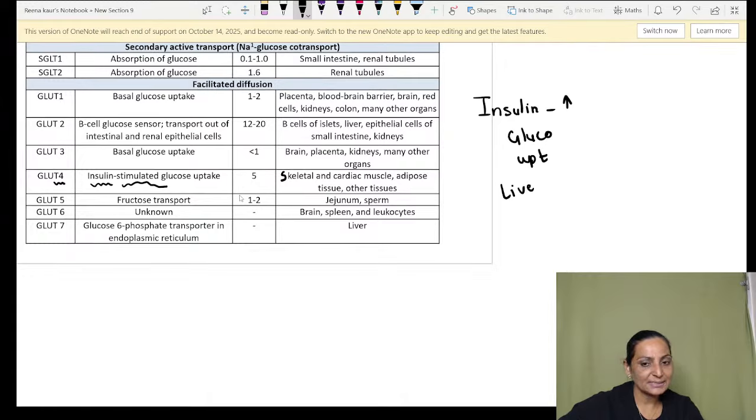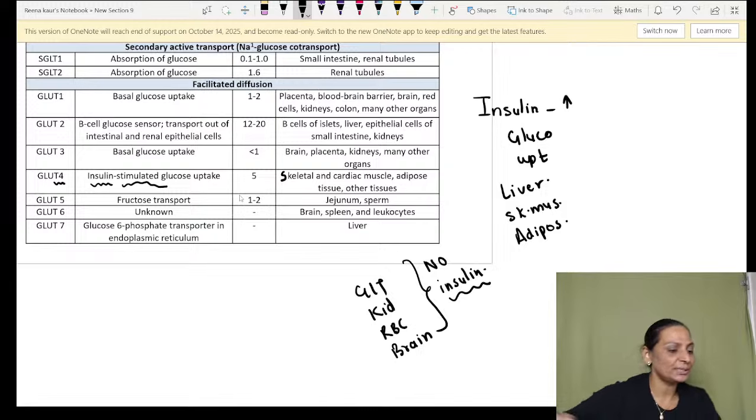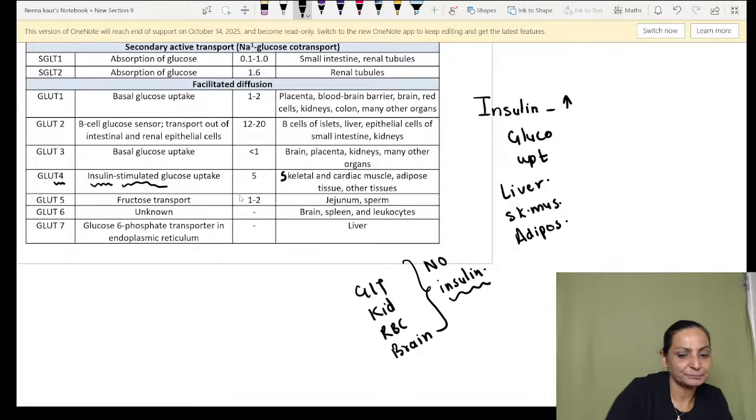It increases in liver, skeletal muscles, and to some extent cardiac muscles, and adipose tissue. That means GIT, kidney, RBC, brain, all these areas where glucose is taken up and utilized are not under the control of insulin. So here no insulin is needed. Got it?